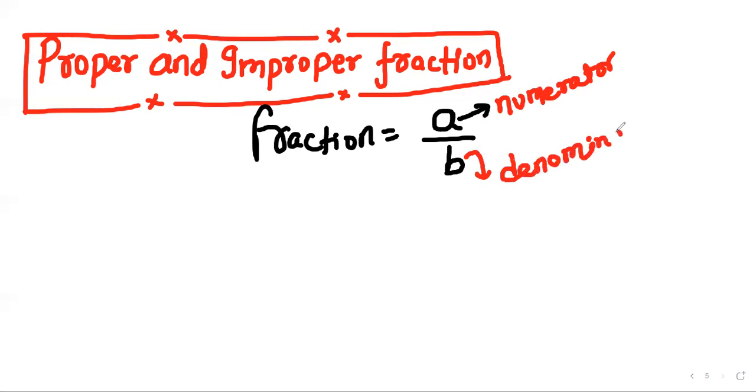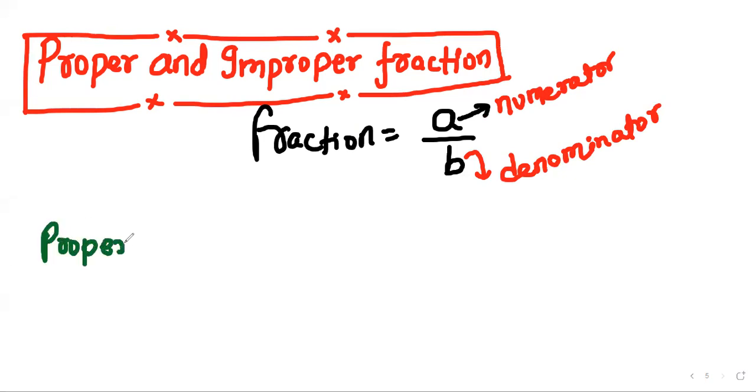If you are very aware of what a numerator and a denominator of a fraction are, thereafter you can easily predict the nature of the fraction, whether it is a proper fraction or an improper fraction. So let's start with proper fraction. How to identify a fraction to be a proper fraction?